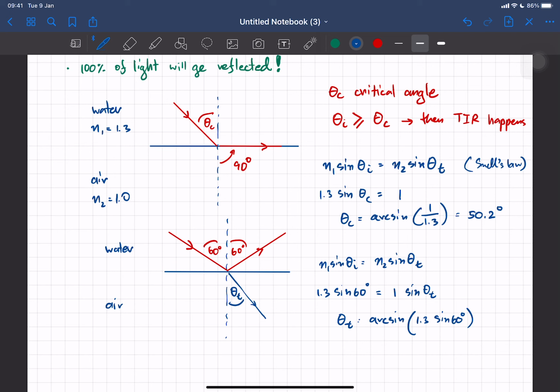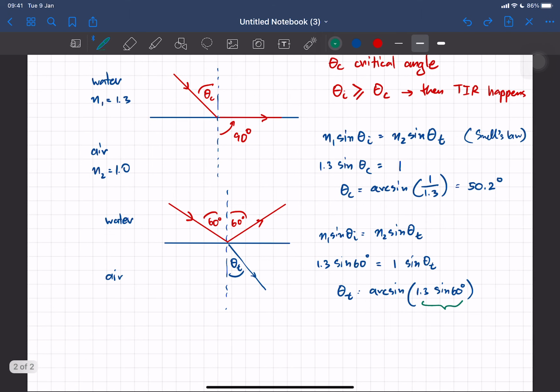So if you use your calculator to calculate this, you will get that 1.3 times sine of 60 degrees gives a value of 1.125.